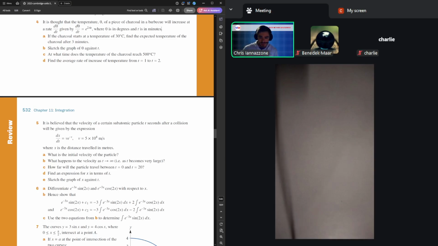What's worth pointing out further is that the equation that we're given is a rate, right? The temperature will increase at a rate of d theta dt. So we currently have a rate equation. We're trying to find a quantity as a result, or the expected quantity.